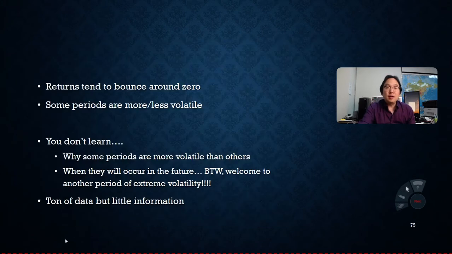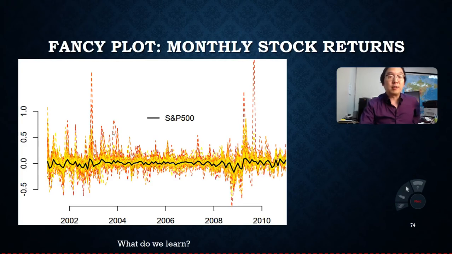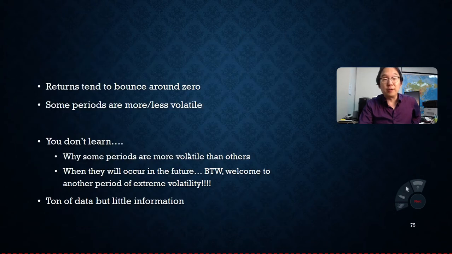Another thing that we learned is some periods are more volatile and some periods are less volatile. Over here in 2002 or 3, and then the financial crisis period 2009.